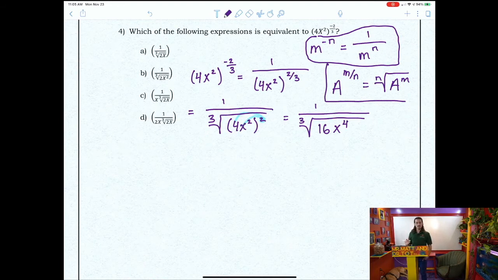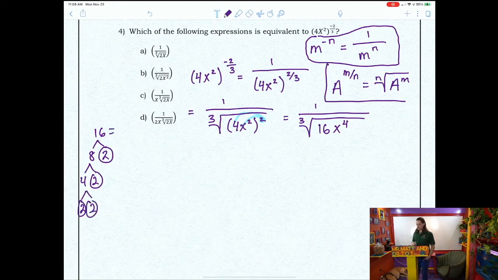Now to simplify radicals, if this index value is 3, that means for every 3 factors underneath the radical sign, we can pull 1 factor out. If we look at the factorizations of 16, 16 breaks down into 8 times 2, 8 breaks down into 4 times 2, 4 breaks into 2 times 2. So 16 is the same thing as 2 to the 4th, or in other words, 2 four times.